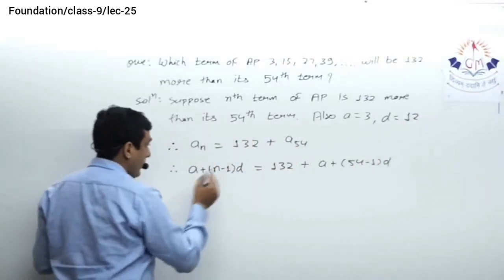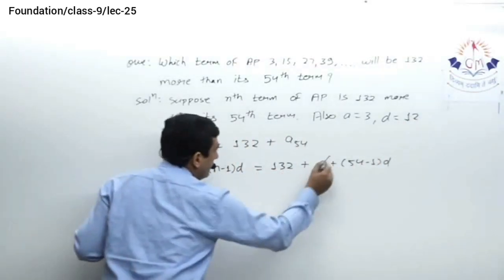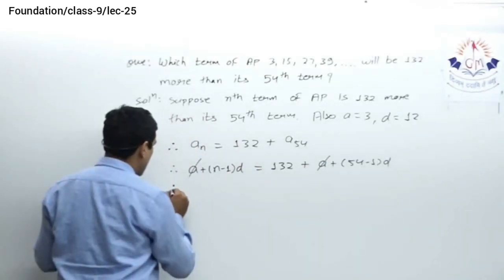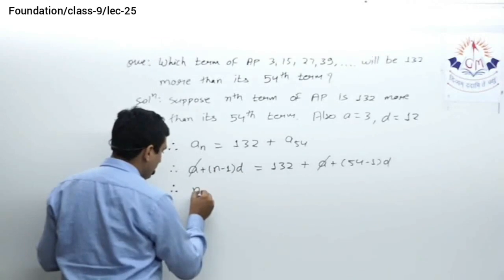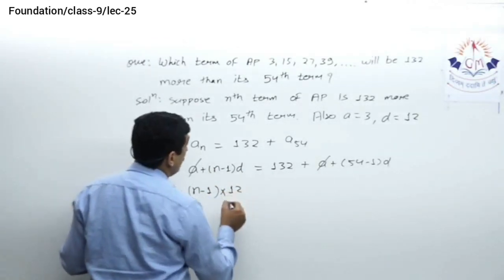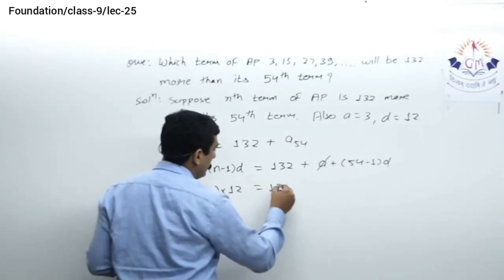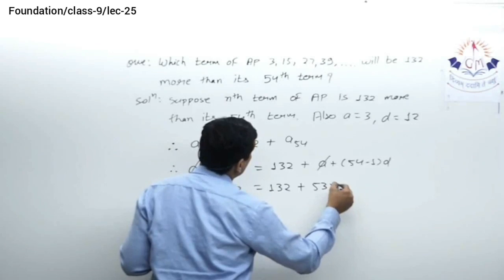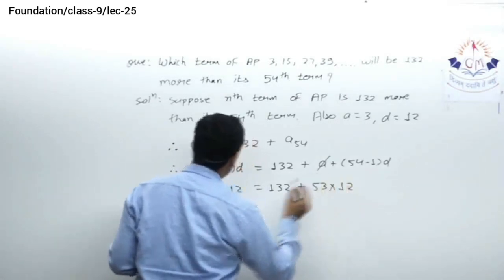Now see, I can cancel a directly without putting the value of a. Now n minus 1 into d, and d is 12, is equal to 132 plus 53 into again 12, because d is 12.